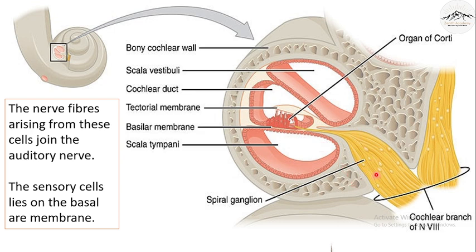So nerve fibers arising from these cells join the auditory nerve. The sensory cells lie on the basilar membrane. Can you see here? On this basilar membrane, the sensory cells lie.